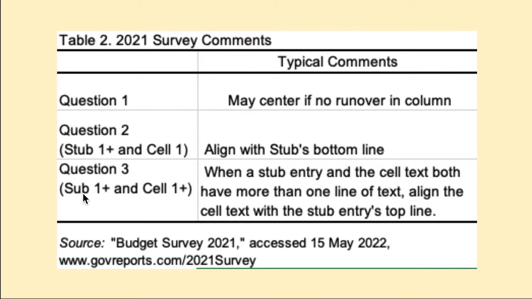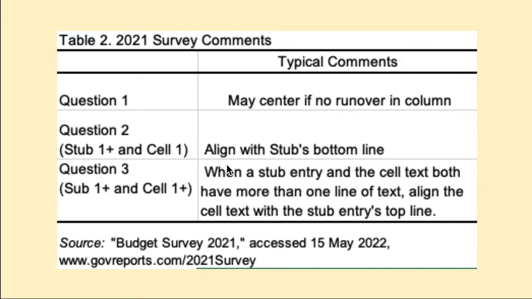But when the stub entry is more than one line and the cell is more than one line, then align the text with the stub entry's top line. Notice how this text is all lined to the top of the stub entry, not to the bottom. If it was aligned to the bottom, you'd actually have a space before this, and these two lines would be down one.